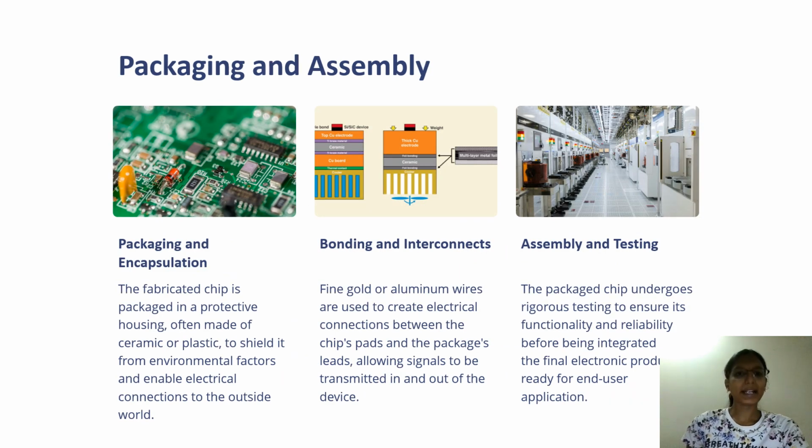Then I have packaging and assembly. Packaging and encapsulation: the fabricated chip is packed into a protective housing, often made of ceramic or plastic, to shield it from environmental factors and enable electrical connections to the outside world.